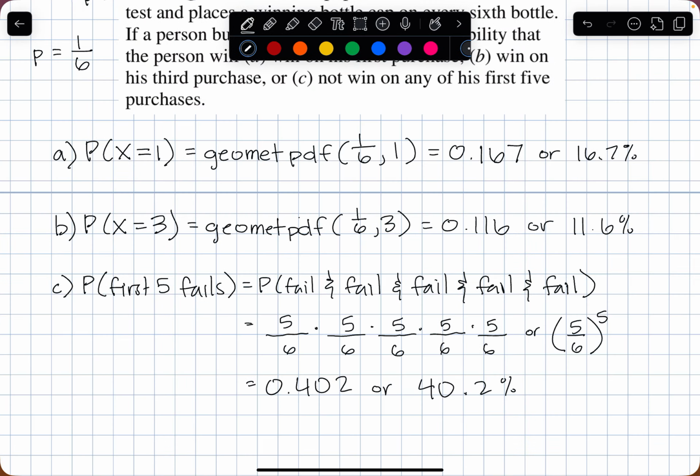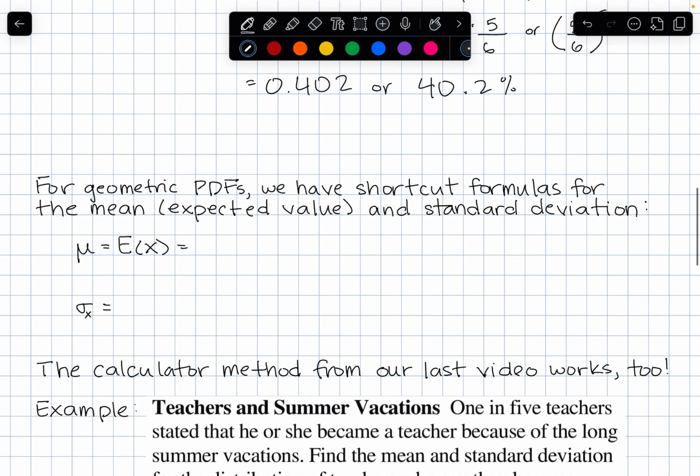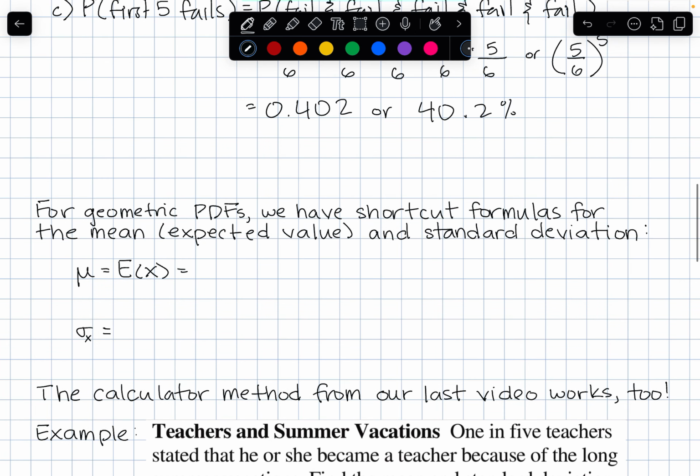In order to give us a reference for what's common versus what's uncommon with a probability distribution, we look at the mean and the standard deviation. So let's go ahead and look at those formulas. For the geometric distribution, the mean is 1 divided by the probability of success.